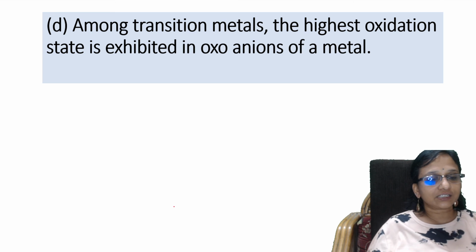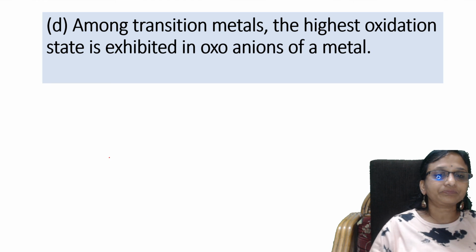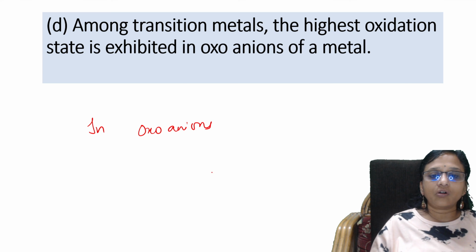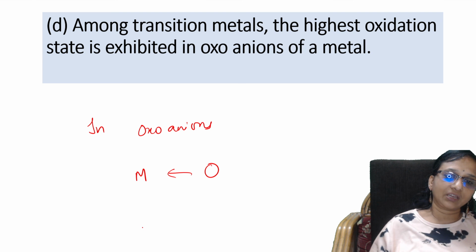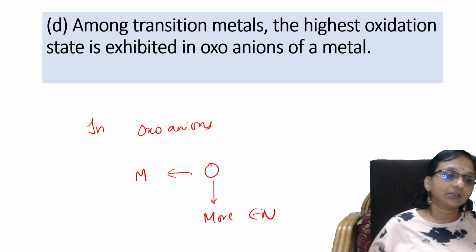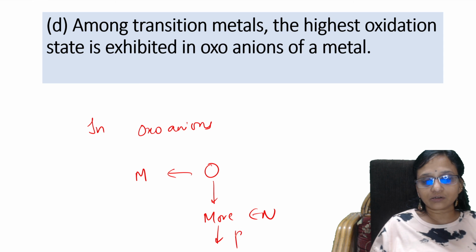We have already discussed this question. Among transition elements, the highest oxidation state is exhibited in oxoanions. I said no. What is happening, students? Oxoanion means what? Oxygen atom is directly attached to the metal atom. This oxygen atom is more electronegative, so it will pull the electrons.